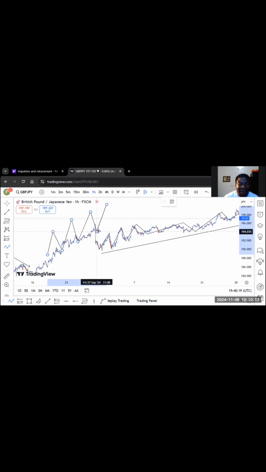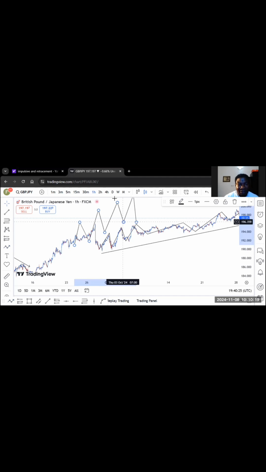Then this will be the last higher low. Let me mark it up, okay? Based on my explanation previously, this is a higher low, right? This is a higher high. Now, this will be our last higher low, right? So if the market breaks below this last higher low and closes outside, what you're going to see now is a little bit of pullback, okay?